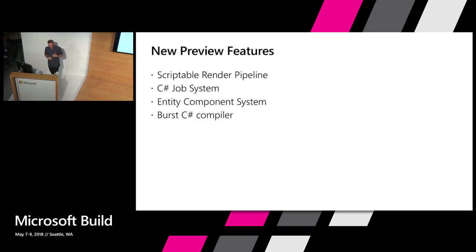Let's talk a little bit about the new preview features that are coming in Unity 18.1. I'm not going to go over each and every one of them, but the common theme here is that Unity is coming from a model where it is one 3D engine as a black box to a model where you get a lot more control over how Unity renders things. There are plenty of resources online where you can plug into Unity's engine using C# and control it.